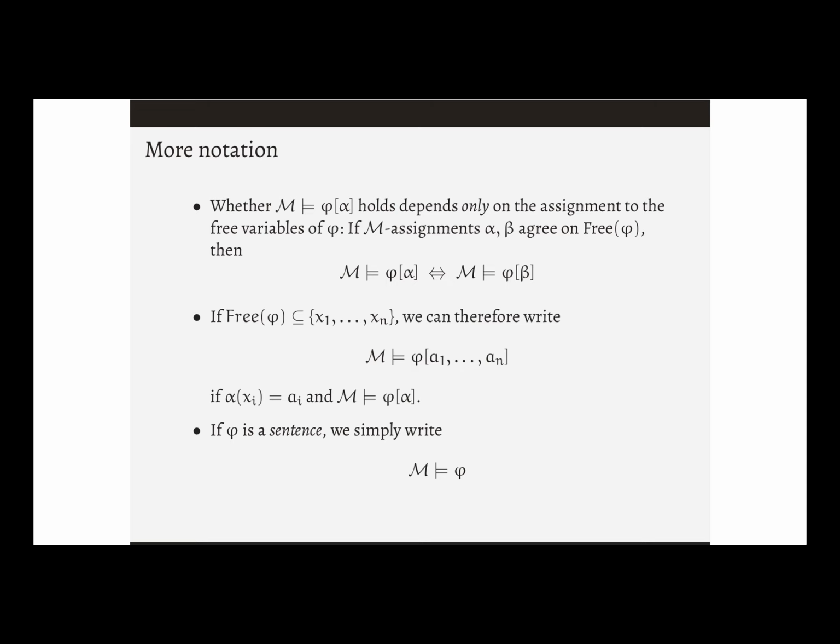In particular, if two M-assignments, alpha and beta, agree on the free variables, so the variables that occur non-bound in phi, then the formula under the assignment alpha is true in M if and only if it's true in M under the assignment beta. Again, this is not completely obvious. It needs to be proved. Again, please pause for a few minutes and think about how you would prove this. And again, you would follow, of course, induction on the formula structure.